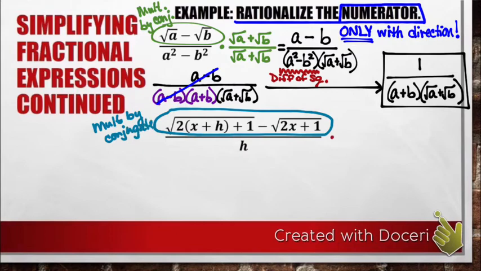So, times radical 2 times x plus h plus 1, plus radical 2x plus 1, over the exact same thing.